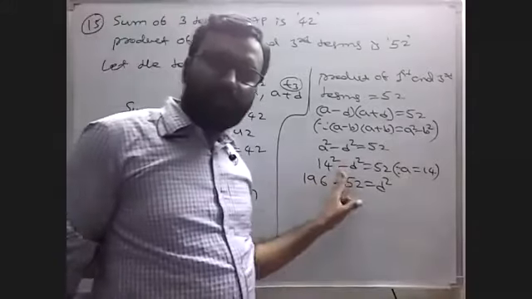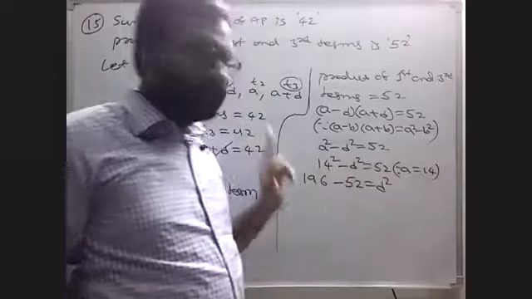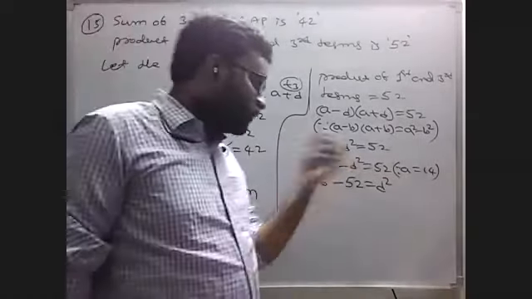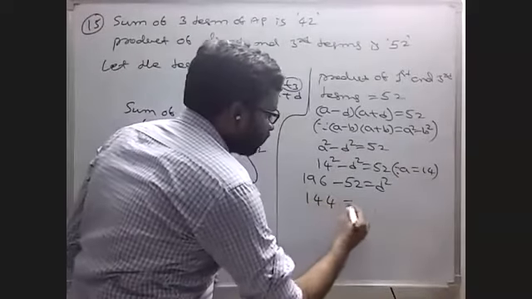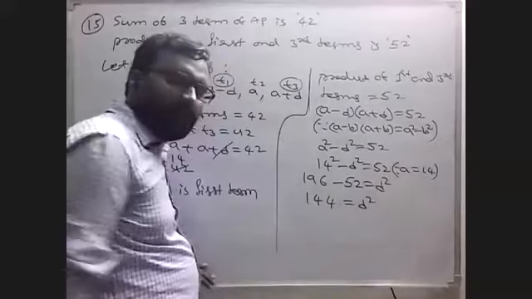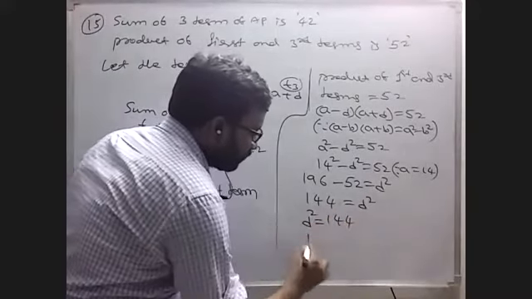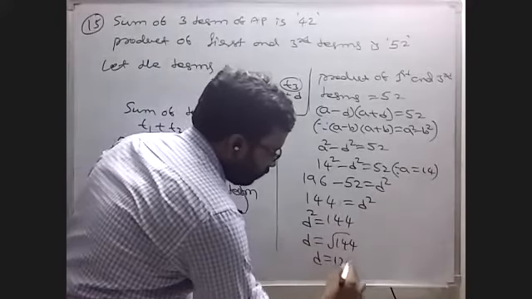This minus D squared on the right side will be positive, and this 52 on this side will be negative. Now 196 minus 52 is 144. So 144 is equal to D squared. D squared is 144, then D is equal to root over 144, so D is equal to 12.